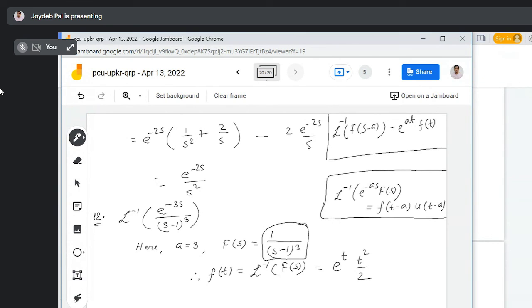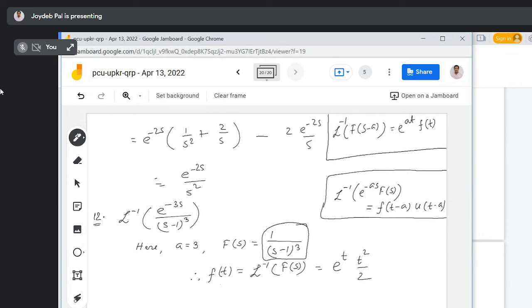Okay, so here देखो both of the shifting properties are being used. From F(s) to find f(t) we are using s shifting, and then overall we are applying second shifting.